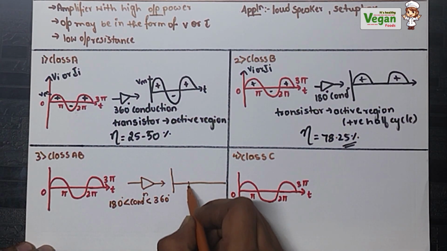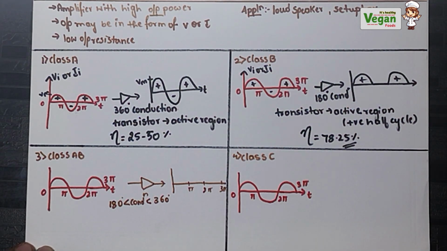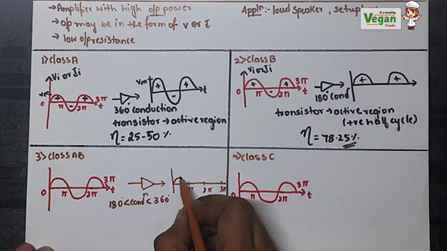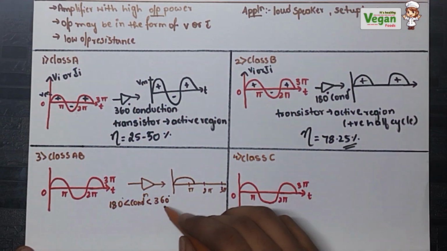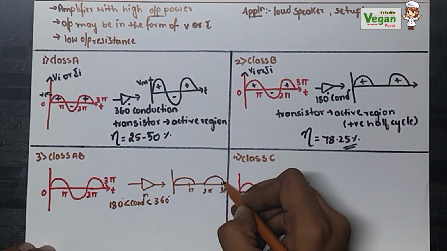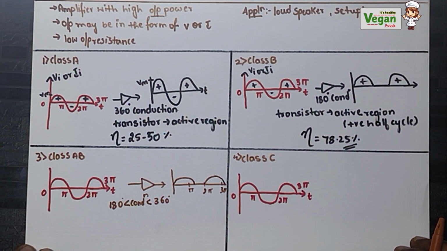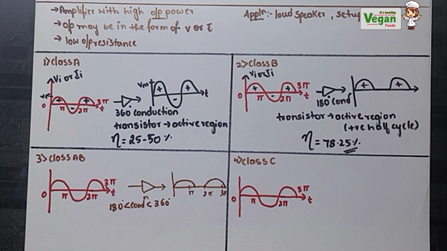If this is pi, 2 pi and 3 pi, pi means 180 degrees. More than 180 degree conduction means a little more than that but less than 360 degrees. 360 degrees means 2 pi. So again it will start more than 180 degrees and then it will stop. It will only rectify in the positive half cycle with more than 180 degree conduction and less than 360 degree conduction.